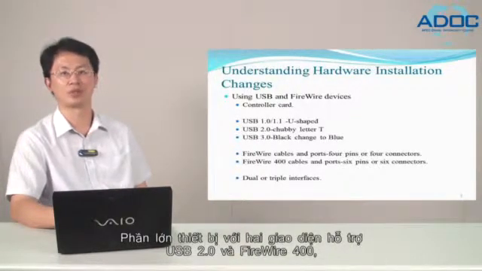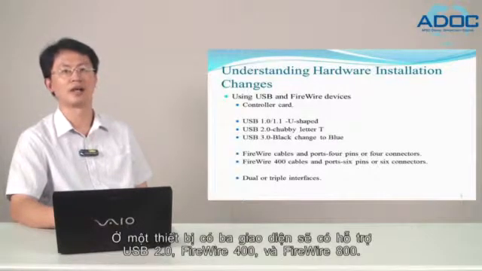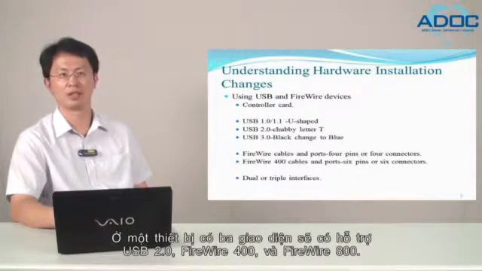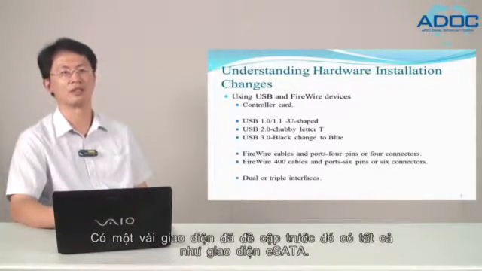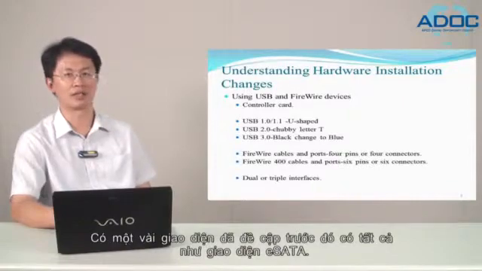Most devices with dual interfaces support USB 2.0 and FireWire 400, whereas a device with triple interfaces might support USB 2.0, FireWire 400, and FireWire 800. And some have all of the previously mentioned interfaces as well as an external serial ATA interface.